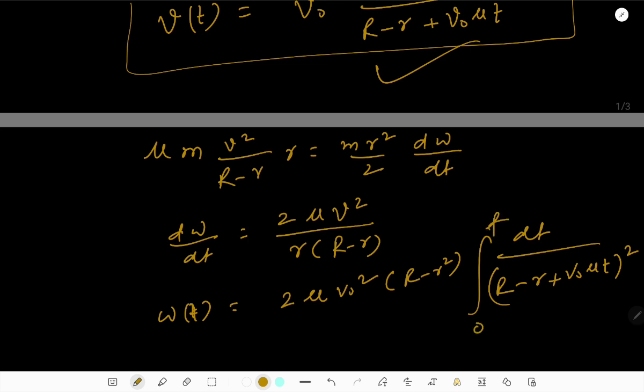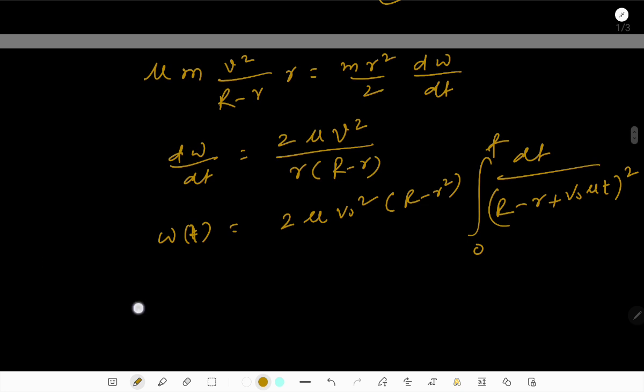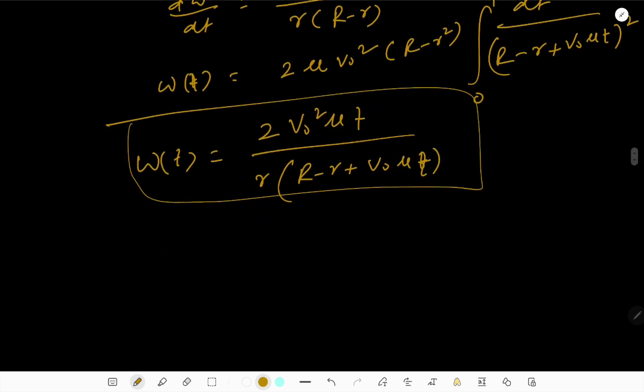Omega initially was 0, so I simply wrote omega t and nothing else. And this is simple integration, the simplest, a plus bx squared, so there is no chance of log. You can put everything equal to z and you will get your result immediately, and you will get omega t as 2 v naught square mu t divided by r (R minus r plus v naught mu t). Again, omega in terms of time, you will get something like that.